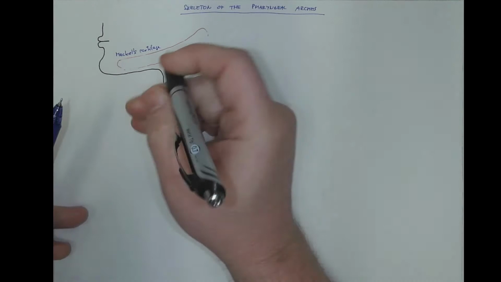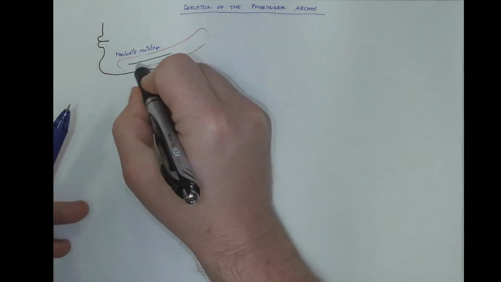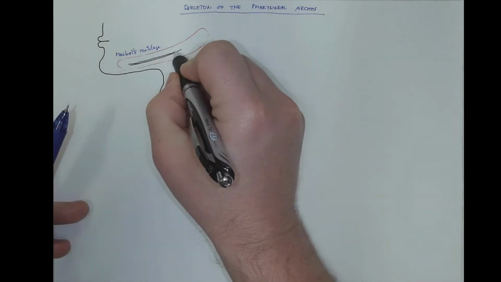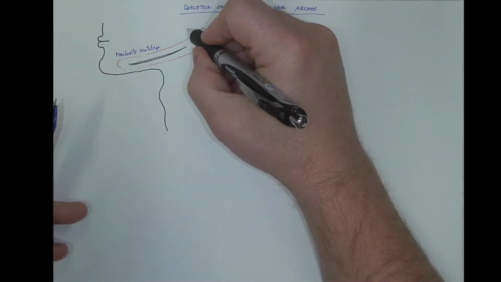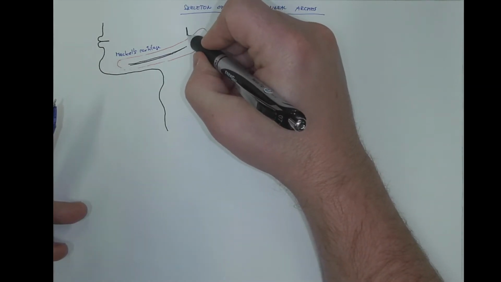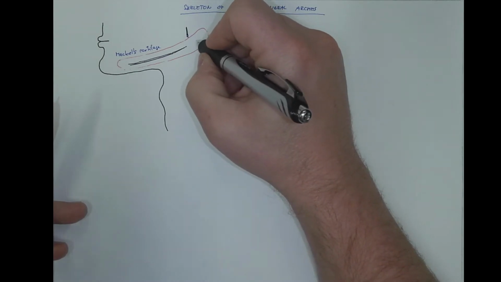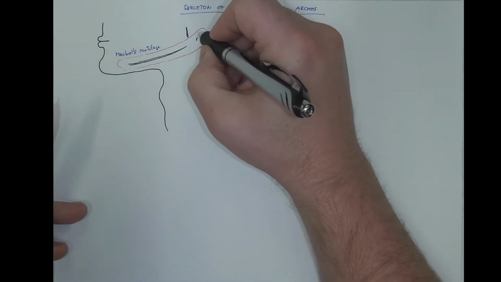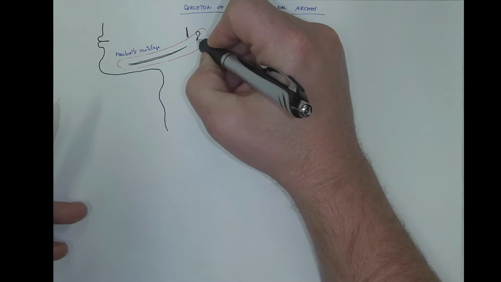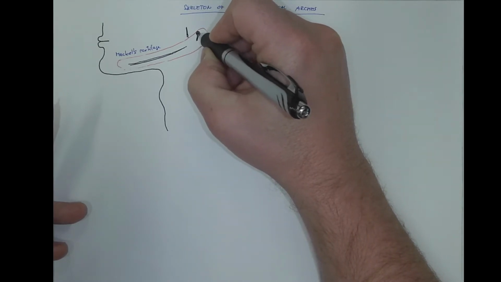So it's Meckel's cartilage. Then it's the sphenomandibular ligament and two of the three auditory ossicles, the malleus and the incus.